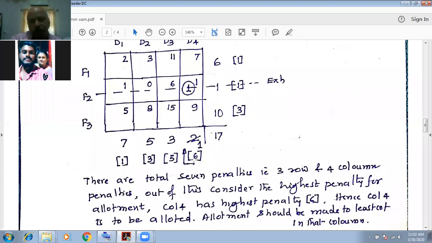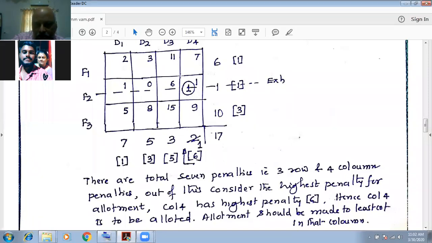Now you have to make an allotment. Where you have to make an allotment, that's a very important point. This 6 is the penalty. You know already 6 is the penalty. It is the difference of 1 and 7. Our objective is to minimize the transportation cost. So this 6 has come because of the difference of 1 and 7. Out of this 1 and 7, which is the least cost? 1 is the least cost.